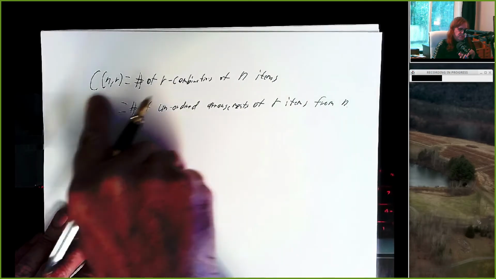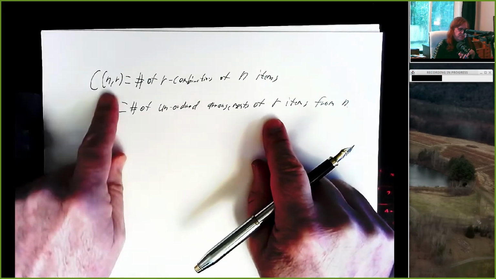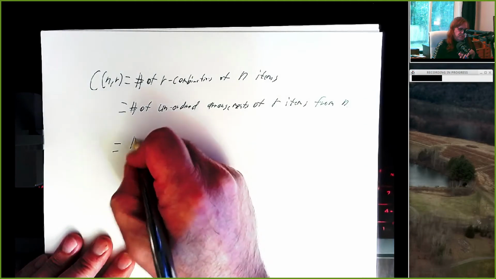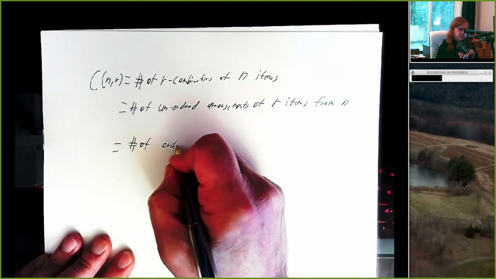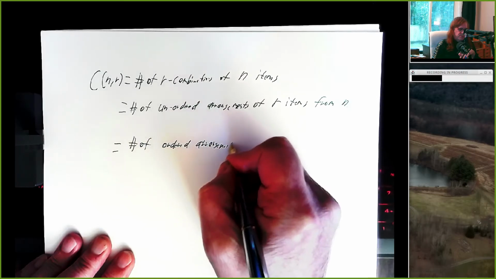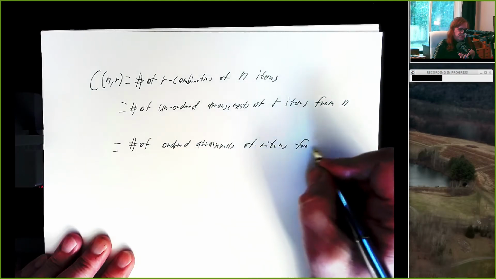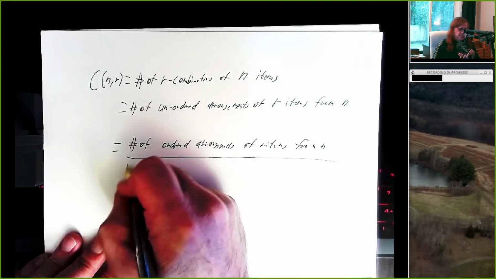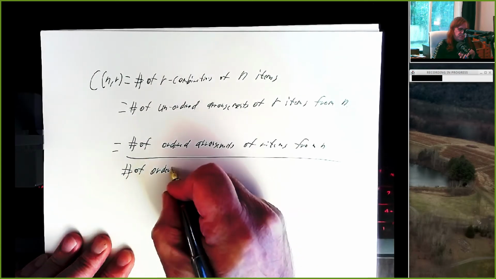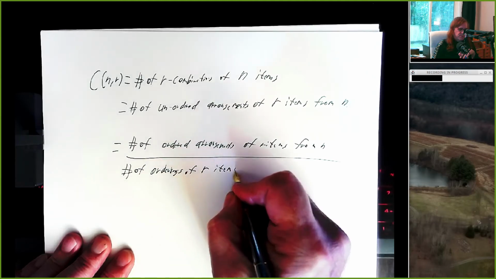So this combination n comma r, that's the number of unordered arrangements of r items taken from n. Well, that's the number of ordered arrangements of r items from n divided by the number of orderings of r items.